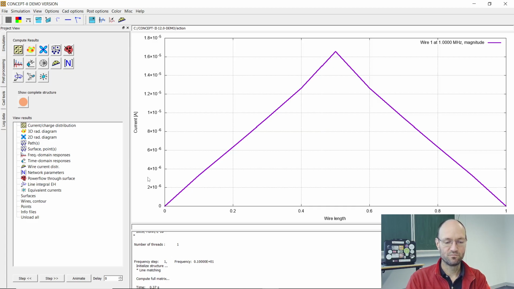Okay, so if this view works, let's not fiddle too much around with it. But yeah, what we could see is now that the maximum current in the center is much less.